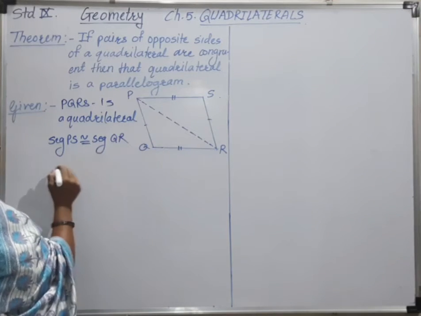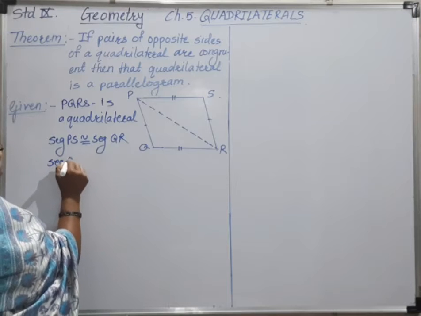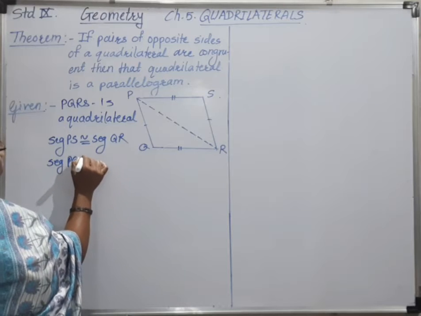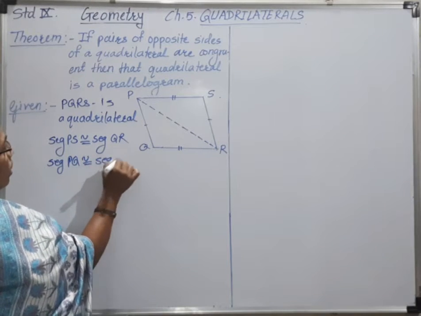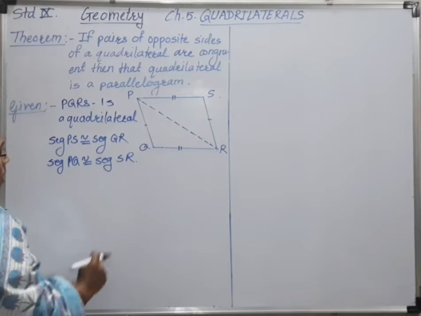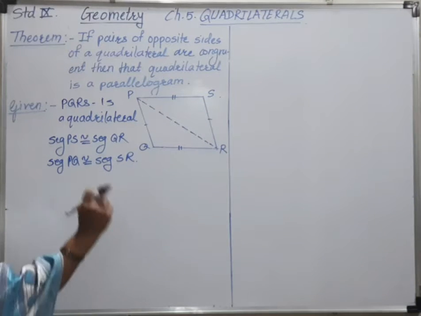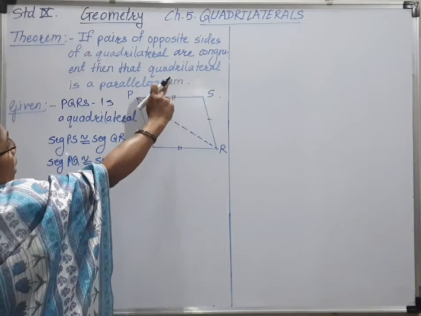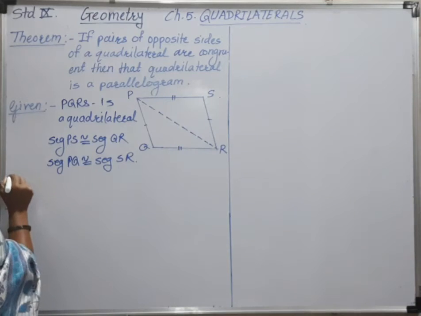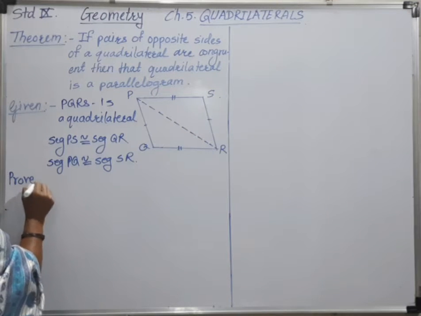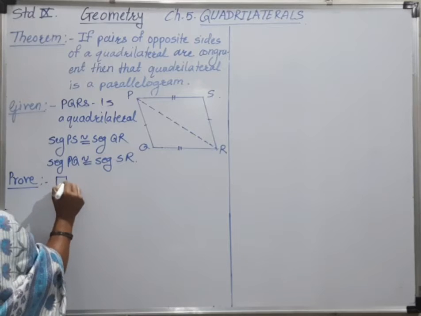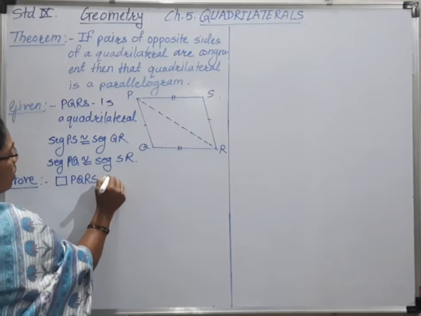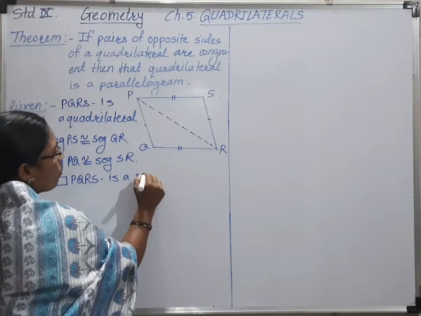There is another pair also: segment PQ is congruent to segment SR. And then we have to prove that the quadrilateral PQRS is a parallelogram.